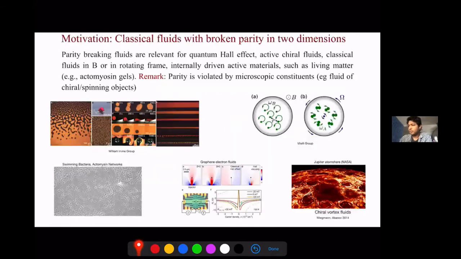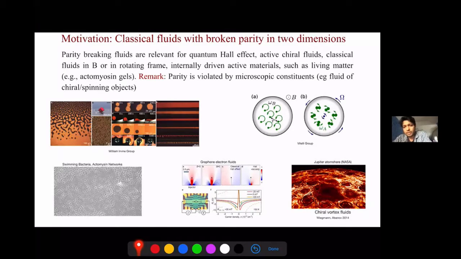The motivation of this talk is based on systems that have been attracting a lot of attention in recent years. These are classical fluids with broken parity in 2 dimensions. Such systems are ubiquitous in nature.